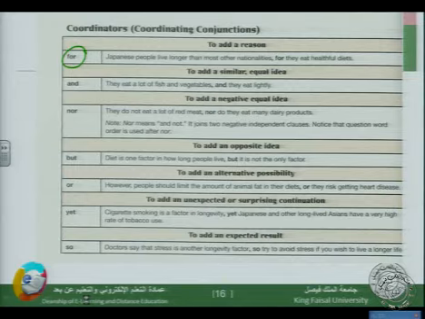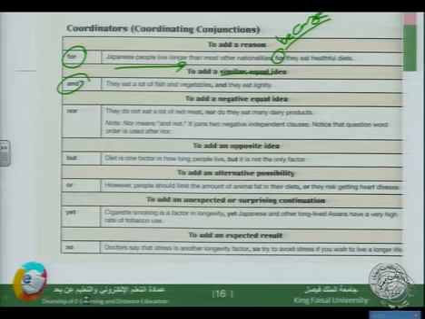Japanese people live longer than most other nationalities, for they eat healthy diets. For here means because, for the reason, for the purpose. And we use it to add something, to add a similar or equal idea. For example, they eat a lot of fish and vegetables.